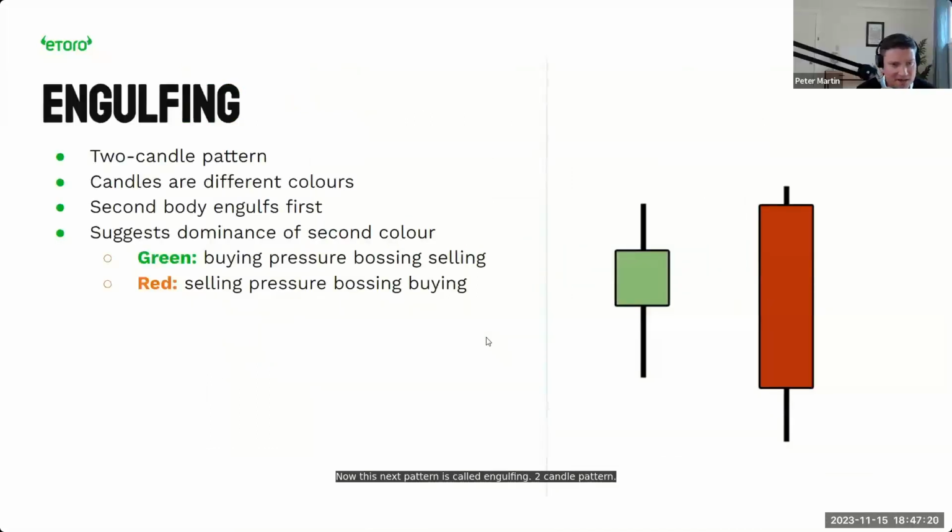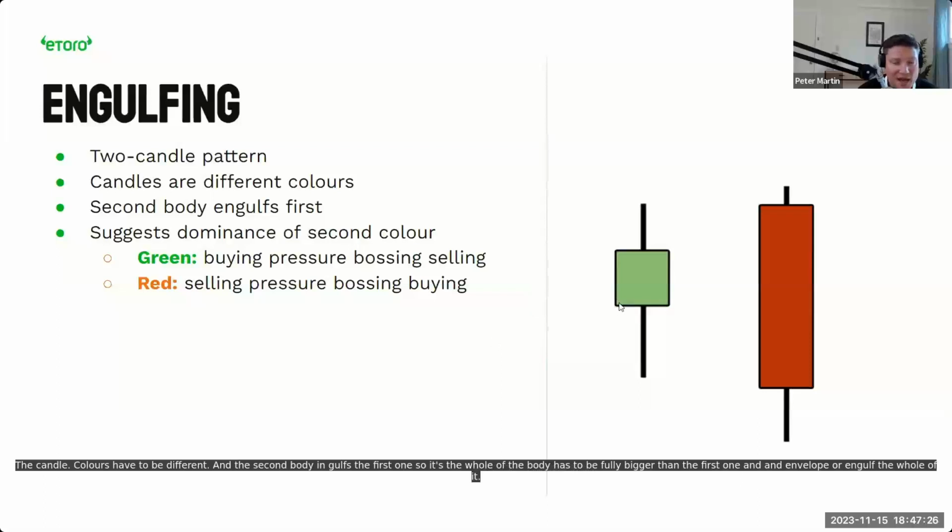Now this next pattern is called engulfing. It's a 2-candle pattern, and the candle colors have to be different. The second body engulfs the first one. So the whole of the body has to be fully bigger than the first one and envelop or engulf the whole of it.